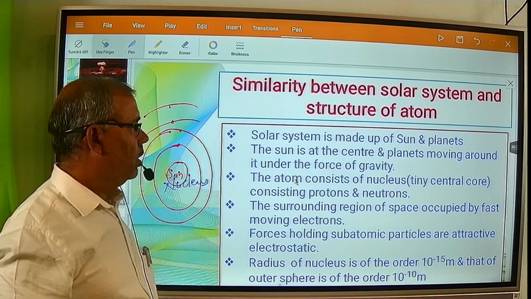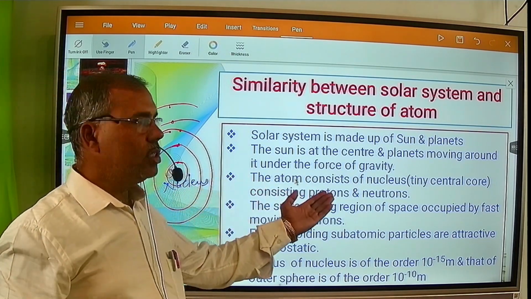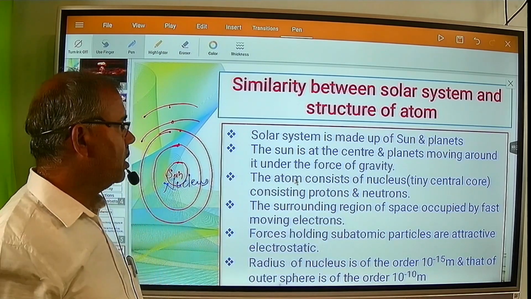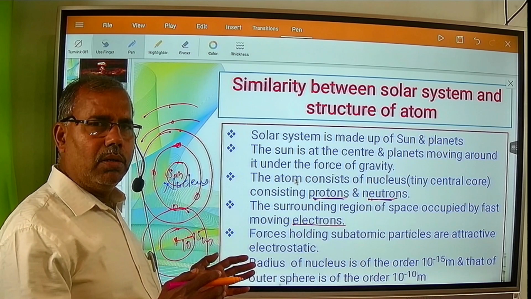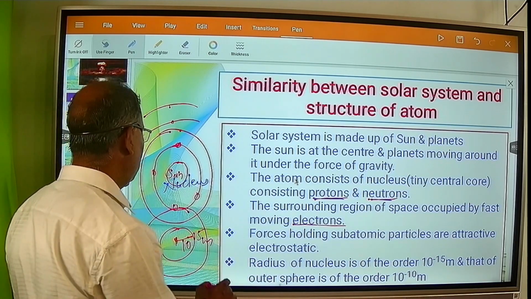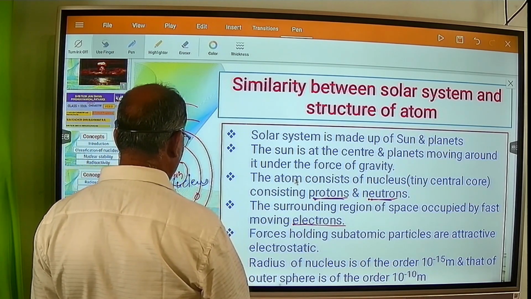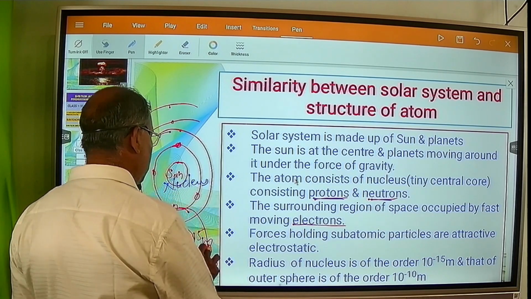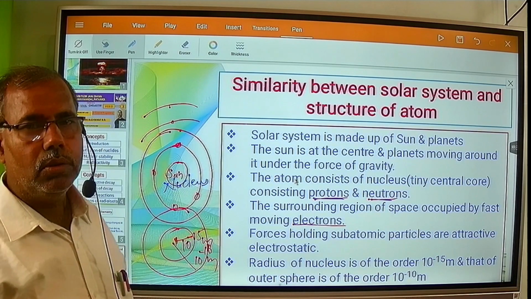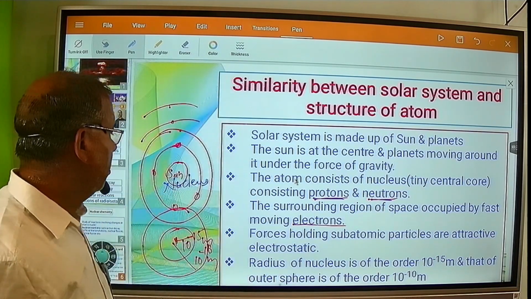Let's say this is the nucleus, then this radius is about 10 raised to minus 15 meter. And that of the outer space is of the order of 10 raised to minus 10 meter. Outer space means the radius of the orbits in which the electrons revolve, that is of the order of 10 raised to minus 10 meter. So it is greater.